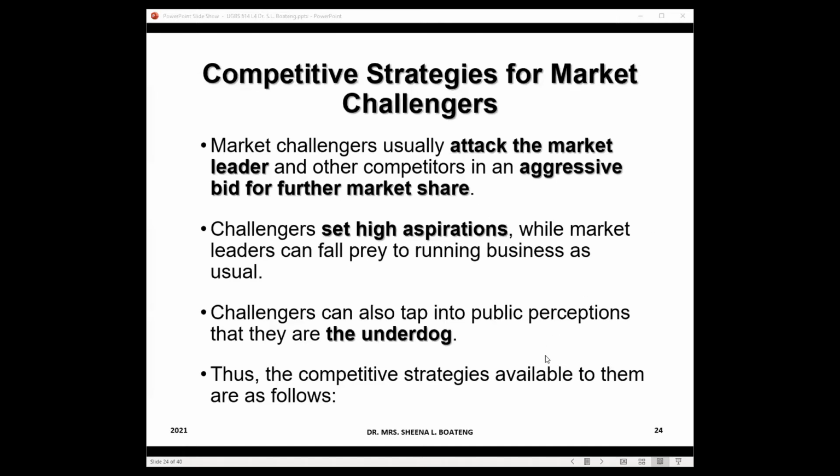And therefore, they usually like to engage in strategies that are aggressive, that will give them an edge, if they could get one, over the market leader, as well as all the other competing firms in the marketplace. And they usually come from the angle of being the underdogs, who consumers by human nature usually like to root for. And because of that, the competitive strategies available to them are as follows.